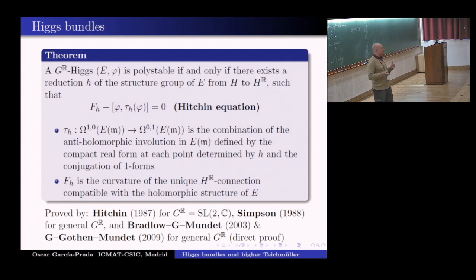And that is, if you want, an infinite-dimensional version of the Kempf-Ness theorem. But there is no GIT in infinite dimensions as far as I know, so this is a theorem that has to be done using analysis. And that analysis is actually a generalization of the Narasimhan-Seshadri theorem, right?